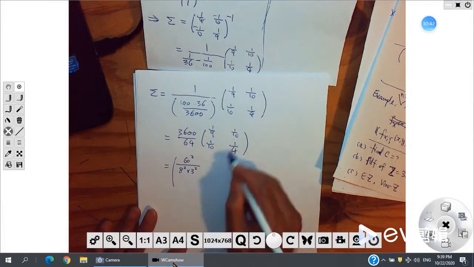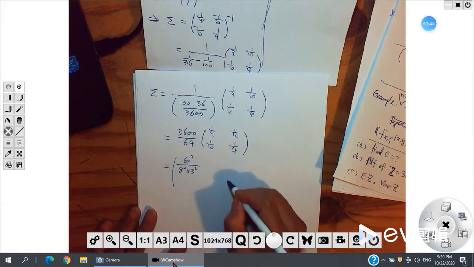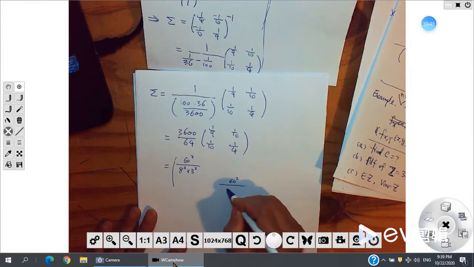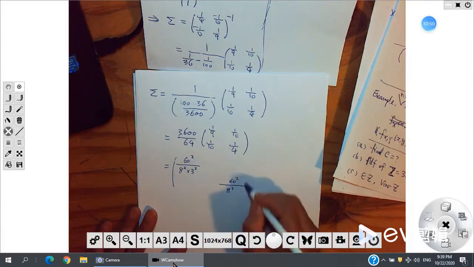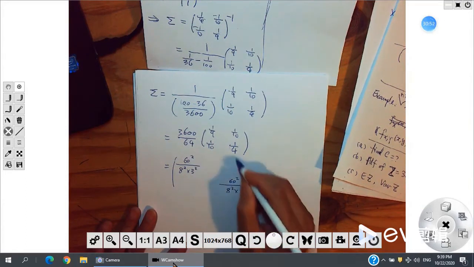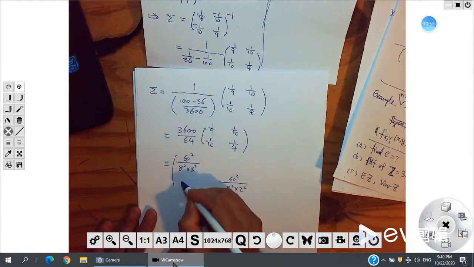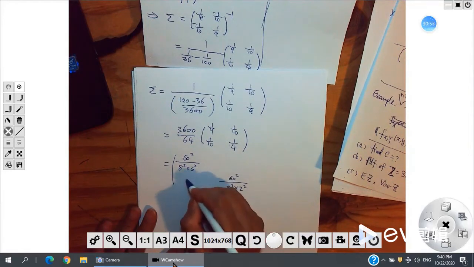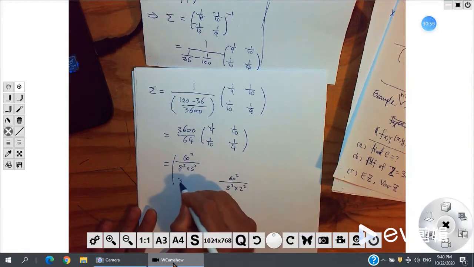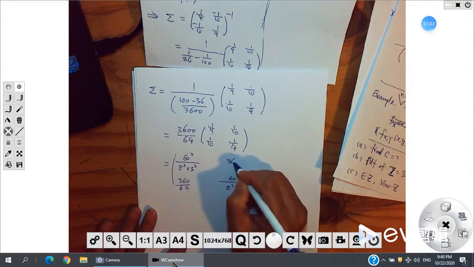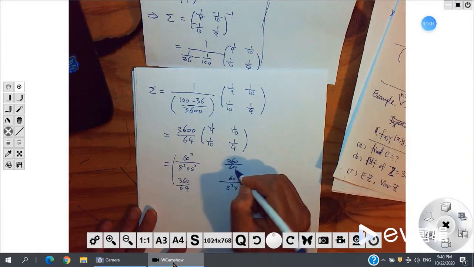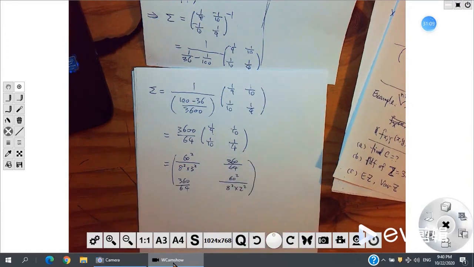And this element I times inside is also 60 square, and 8 square times 2 square is 2 square. And this element, I just times them together. It's just 360 over 64. This is also 360 over 64. Alright, so we have sigma is this one.